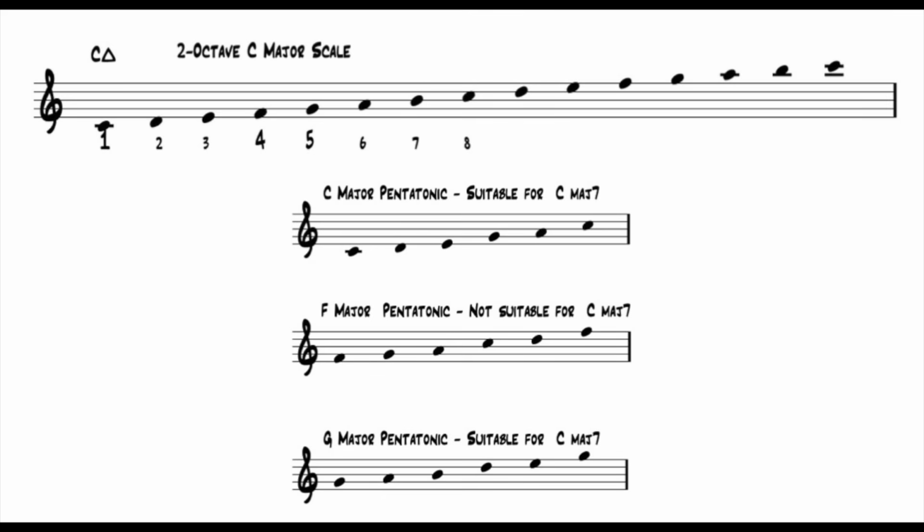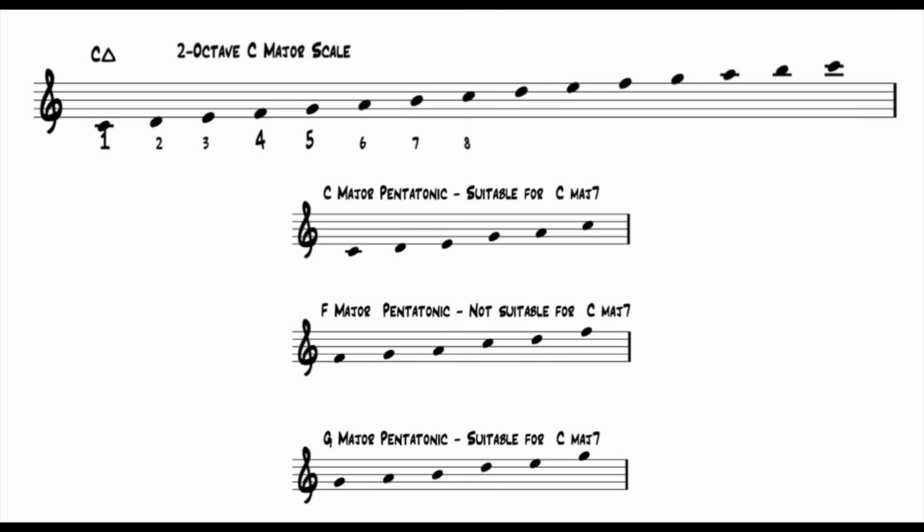Let's look ahead, and we find that on the 5th step of the C major scale, we find the tones G, A, B, D, E, G. If we just walk right up into the 2nd octave of the C major scale, we can see that we've got the G major pentatonic. It's a major second from G to A. G to B is a major third, G to D, perfect fifth, G to E, major sixth.